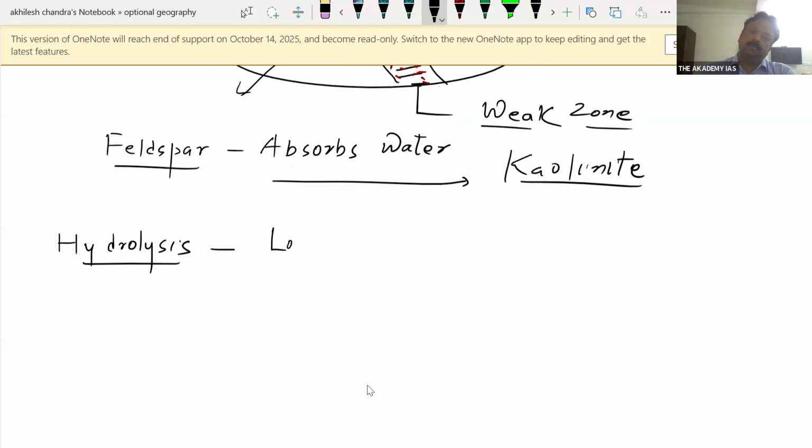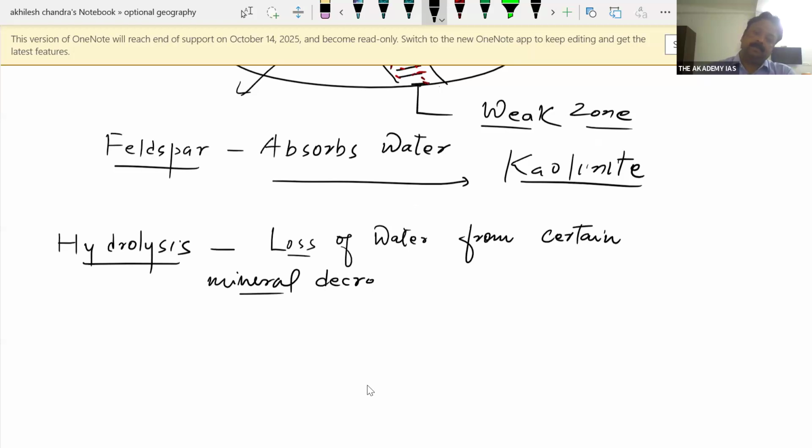Loss of water from certain minerals decreases the strength of cementation.